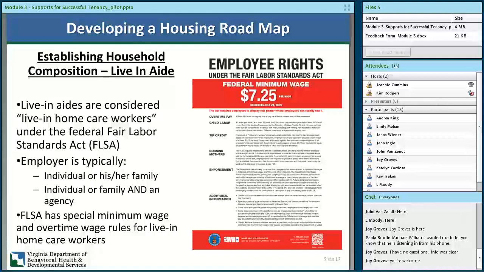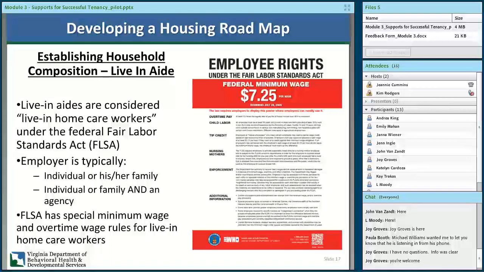If the individual uses the waiver's agency-directed personal assistance services, then the individual or family and the agency are joint employers. The individual may rely on the agency to pay the live-in aide and keep required employment records.